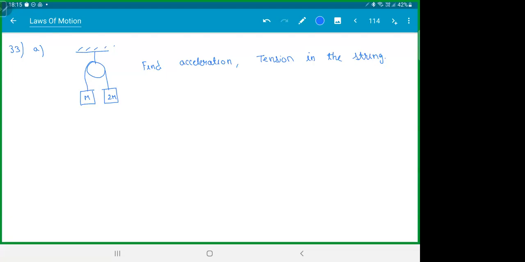Yeah, acceleration of both the blocks. What is A, Aryan?